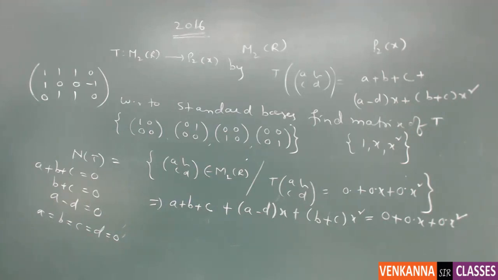Apart from this, can you find any non-zero value here? There is an interesting thing here. So by solving these equations, can you get any better relation here for the values of a, b, c, d? Fine. So all the values of a, b, c, d will be 0. Accepted? Then that could be the null space.